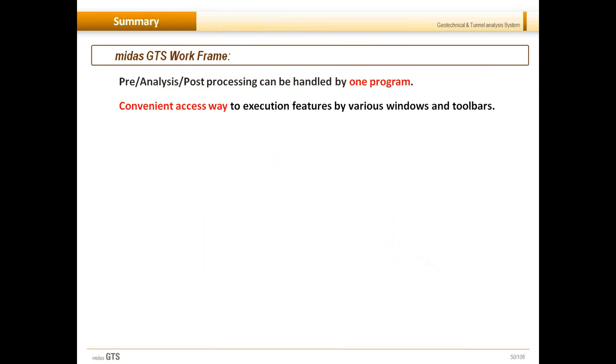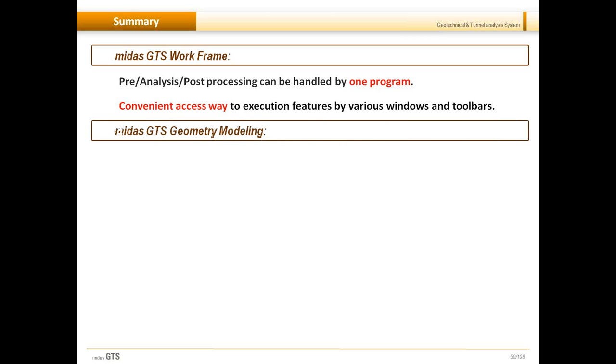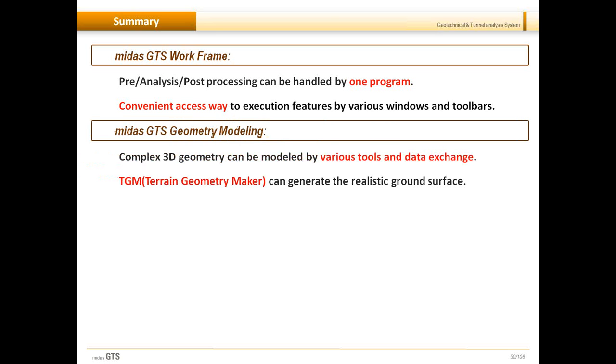So, just a small summary. First of all, you have the pre-post analysis, all that in one program. It's quite convenient, and the windows and toolbars are easy to access. You have MIDAS GTS modeling features, so all the tools and data exchange to do real 3D modeling.